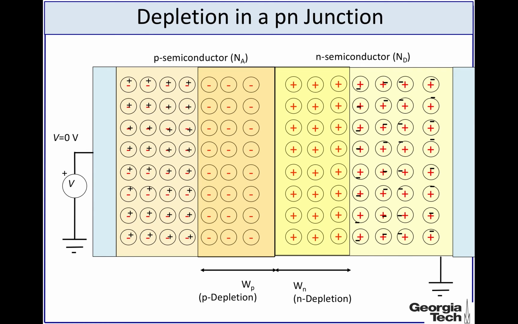Will it continue until the entire n region and p region is depleted, or is there a certain width after which this growth of the depletion region will stop? That's the question that we will try to answer in this lecture.